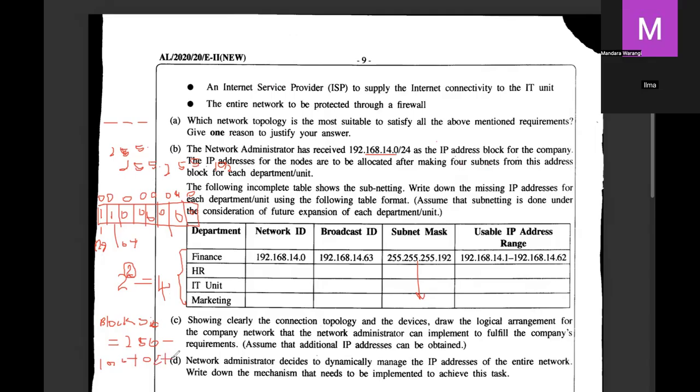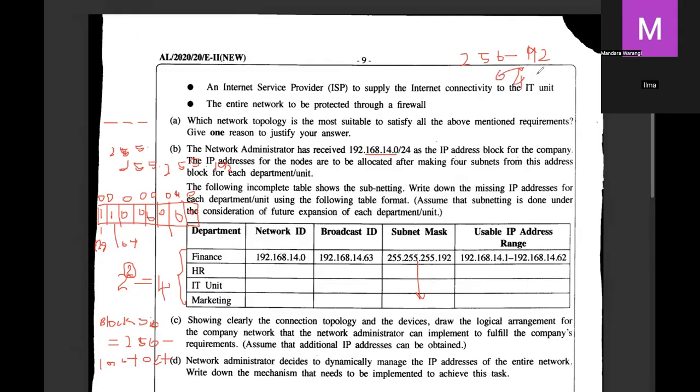So what is the last octet of this subnet mask? 192. So we write 256 and subtract 192, and we get 64. So the block size becomes 64, right?